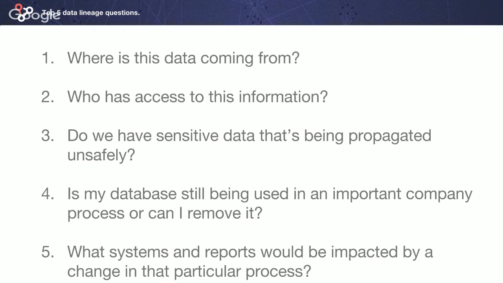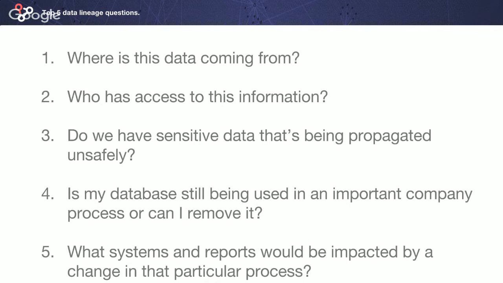5th question: what systems and reports would be impacted by a change in that particular process? So we have this process, this ETL process, for example, extracting data from a database and putting it in a data warehouse. What's going to happen if I change that process?